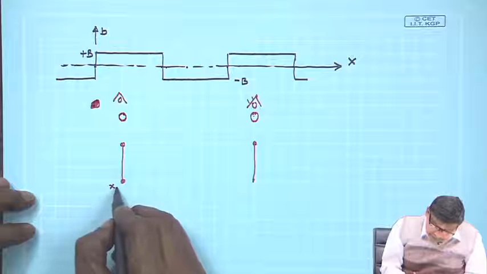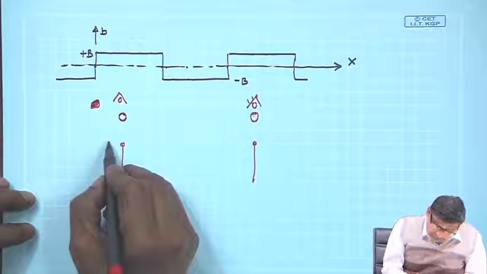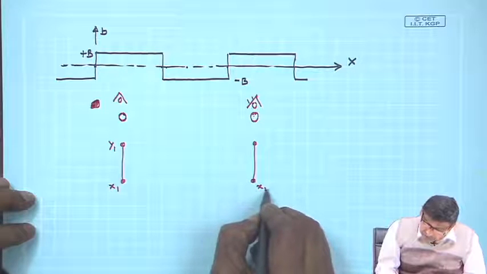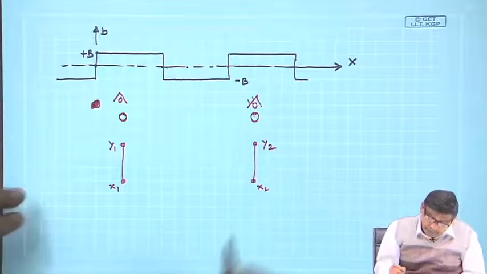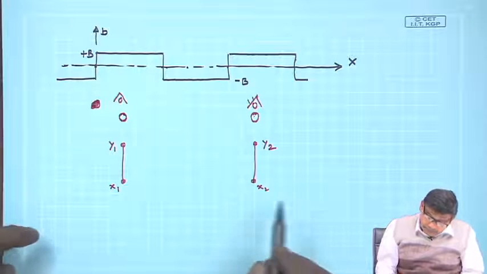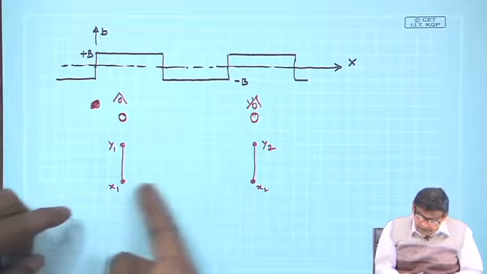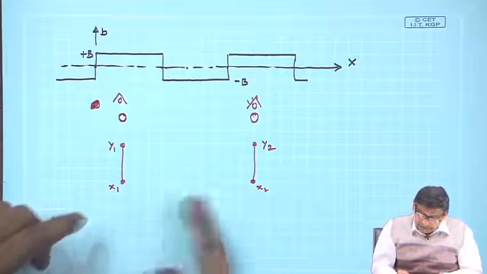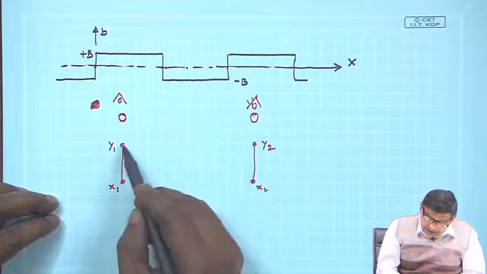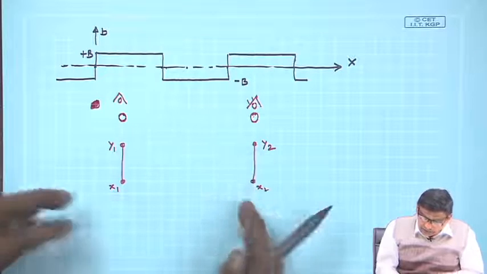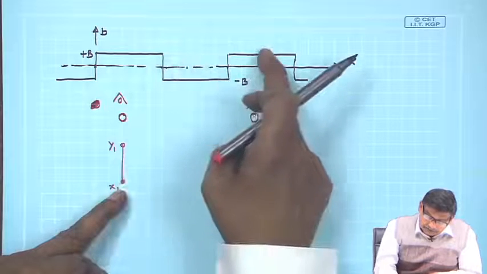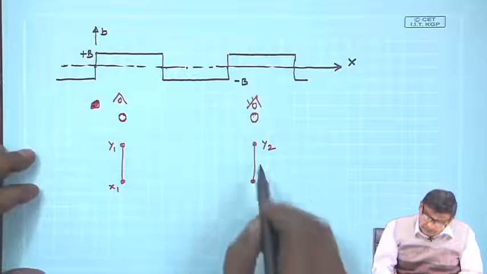Let this be called x1 y1 and let this be called x2 y2. Now, as I told you, if you put the conductors in this way and both of them are moving with velocity v, and if you join y1 and y2, the voltage will be 0, because it is plus v, this is also plus v, so the voltage will be 0.